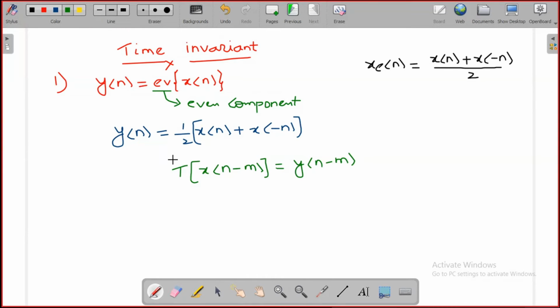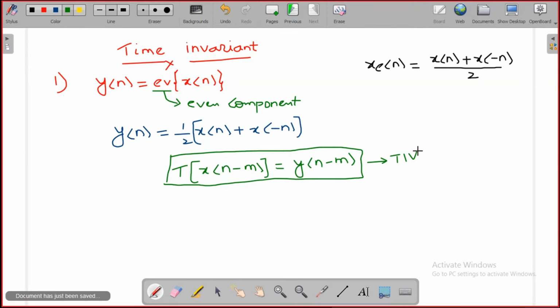If both are equal, then the system is time invariant. It does not vary with time, otherwise time varying. So we need to find the response of the system for the delayed input as well as the delayed response. After evaluating these two, just compare them. If both are equal, then conclude the given system is time invariant, otherwise time variant.